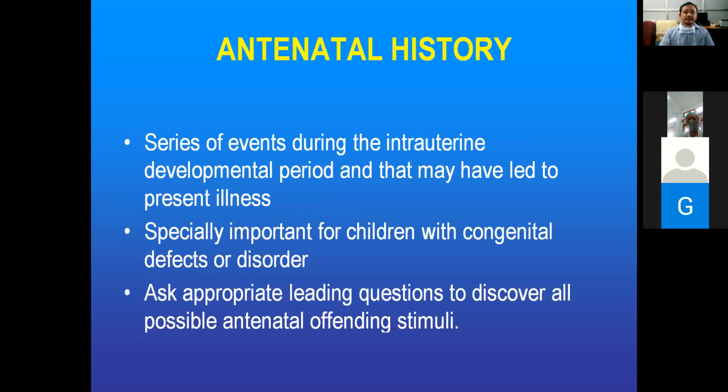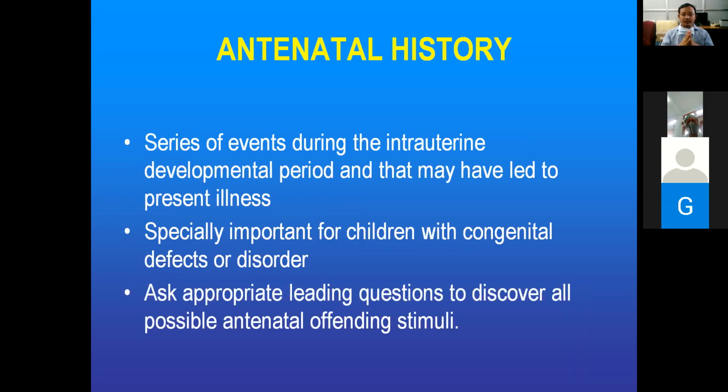Next is antenatal history. So in antenatal history, we try to extract the information about the events that have occurred during the intrauterine developmental period and that may have led to the present illness. And this is especially important for children with congenital defect or disorder.